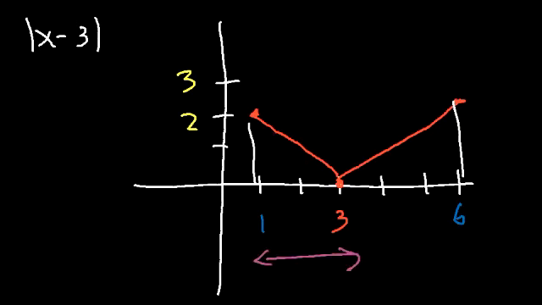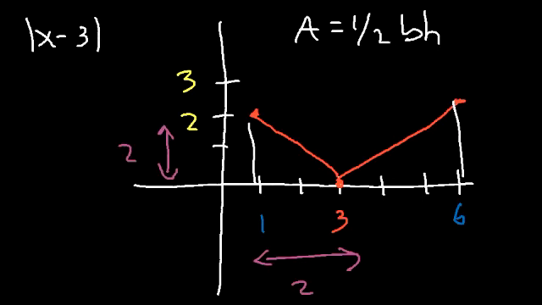It has a base of 2 and a height of 2. So area is 1/2 base times height. 2 times 2 is 4, times a half is 2. Now for the other side, we can see the base is 3 and the height is, actually the height is not 2, it's 3.